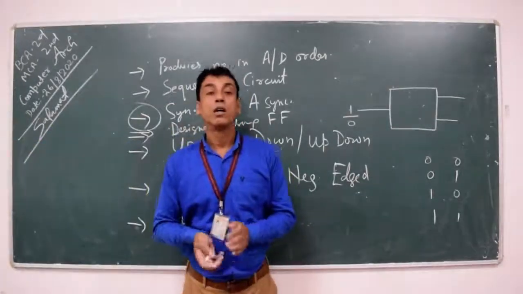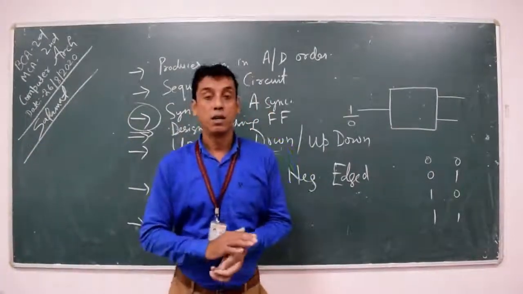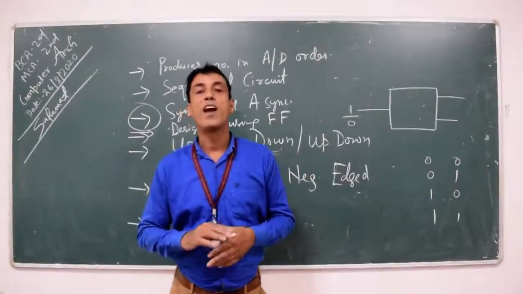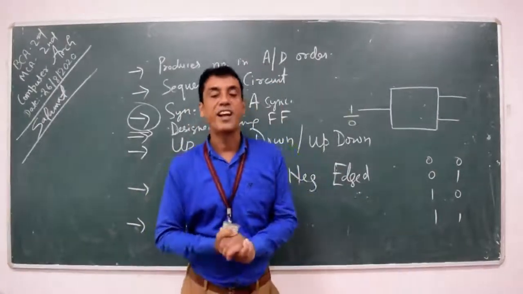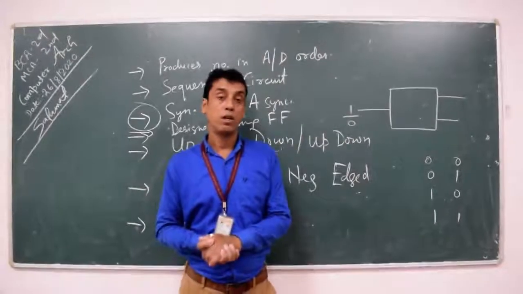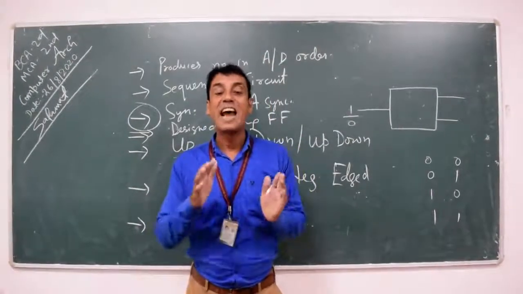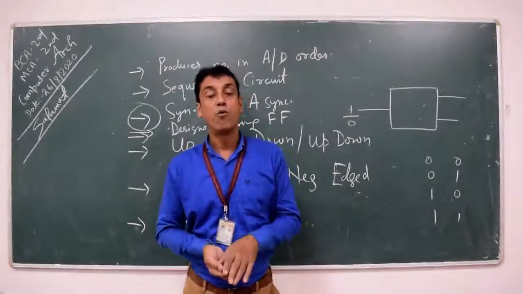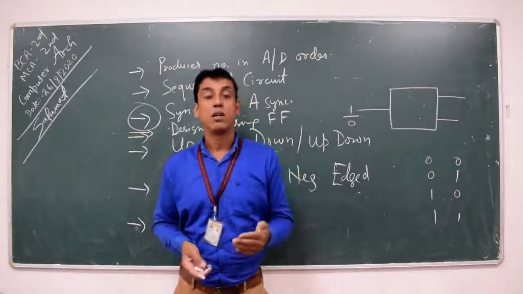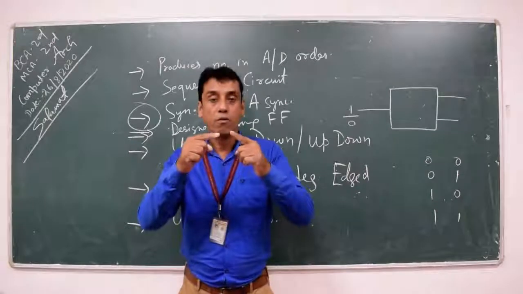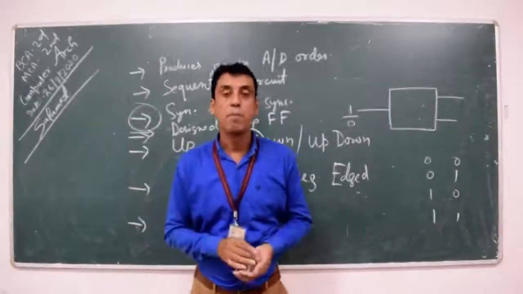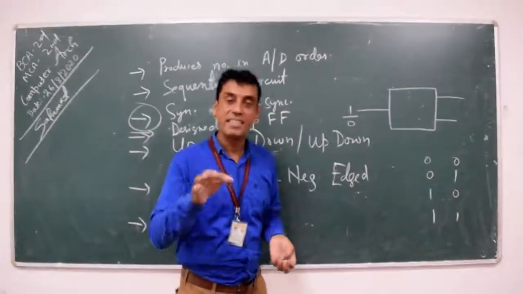Now, after explaining all points associated with the counter, we can devise the definition of the counter. Counter is a sequential circuit which is designed using flip-flops, which produces a combination of binary digits every time it is triggered.